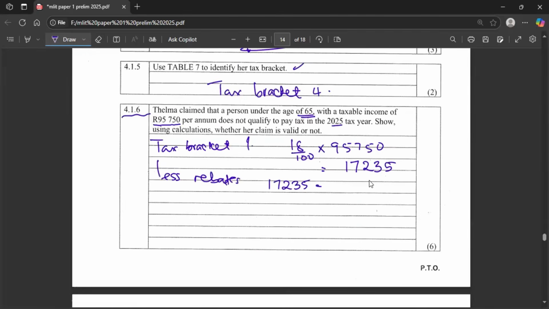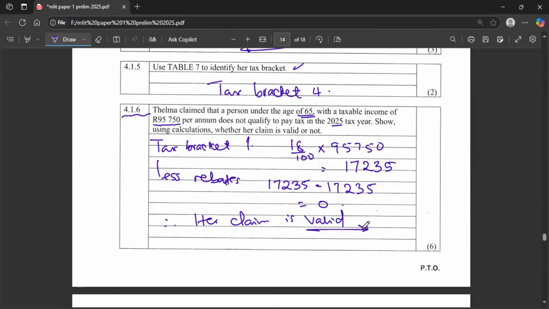Minus 17,235. When you subtract that, we get a 0. So 0 tax needs to be paid. Therefore, her claim is valid. So that is how we would have approached this particular question.